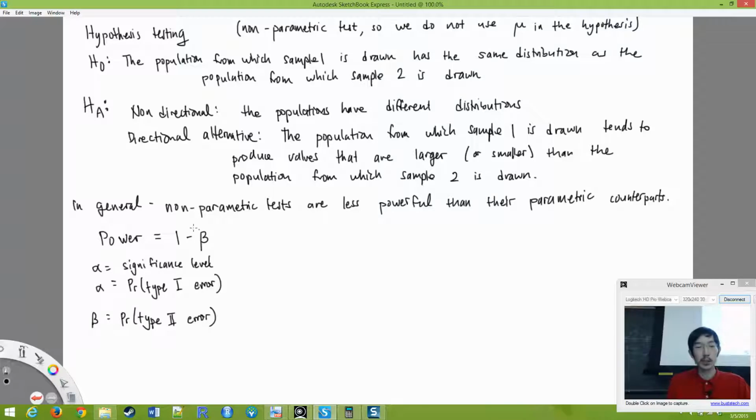So what is 1 minus beta? No, it's not alpha. Whenever you have 1 minus the probability, that is the complement. So power is the complement of a type 2 error. What was a type 2 error?